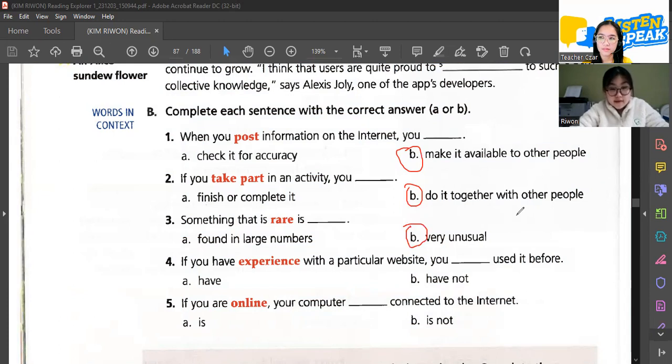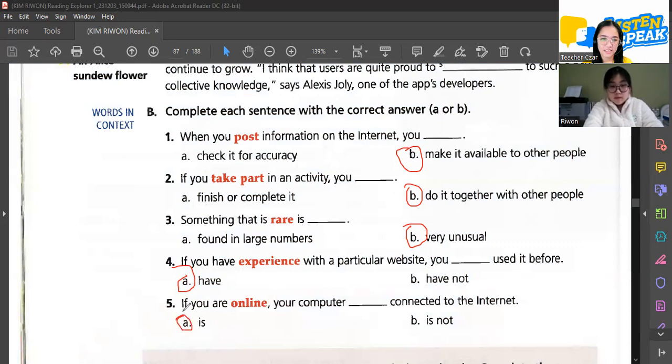If you have experience with a particular website, you have used it before. If you are online, your computer is connected to the internet.